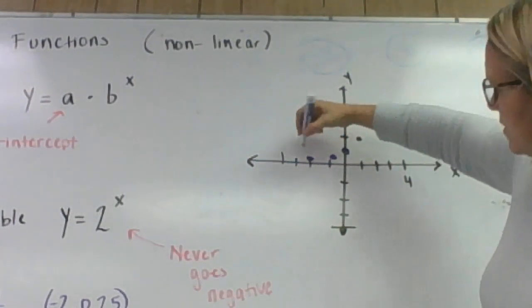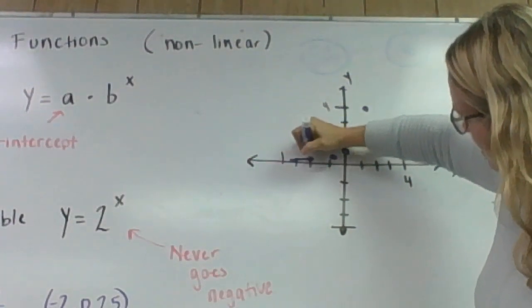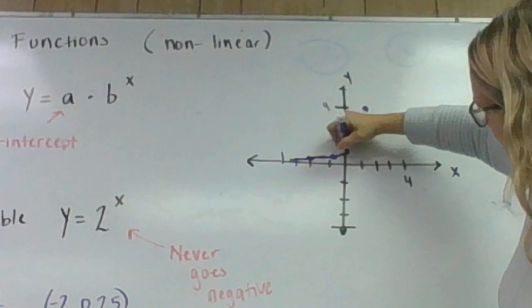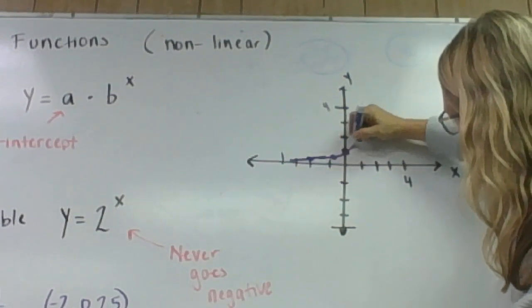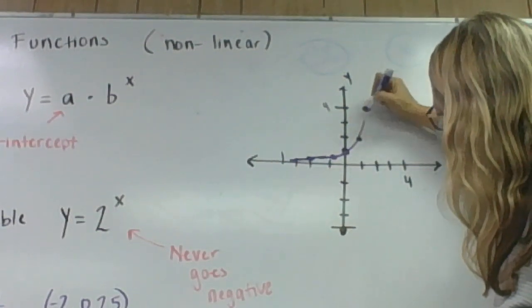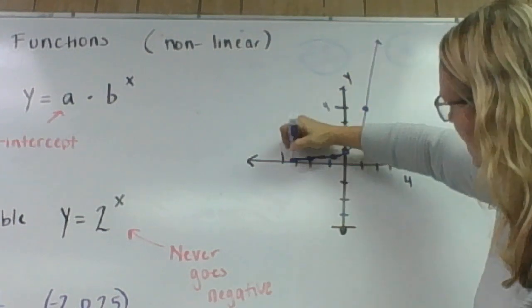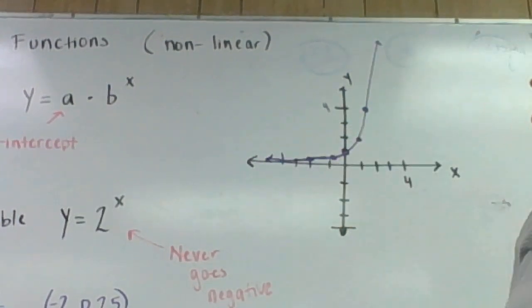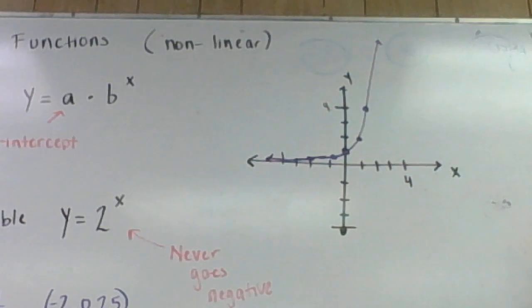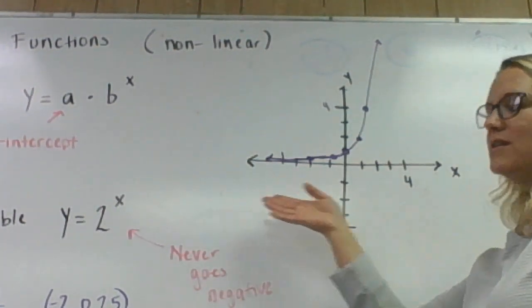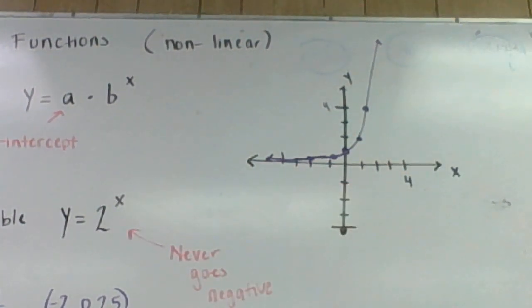So I'm going to start really close, and then move through the points, not with pointy lines, but with curved intentions. It goes up really high. That is the curve, and that happens every time x is in an exponent spot. When x is in a regular spot, you have a slope and a straight line and rise over run. But when x is in an exponent spot, it curves.